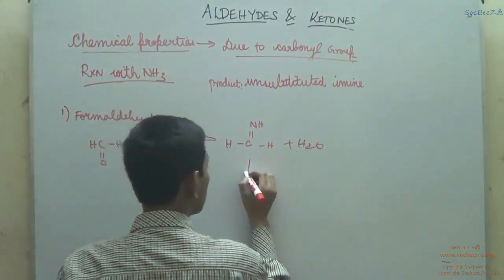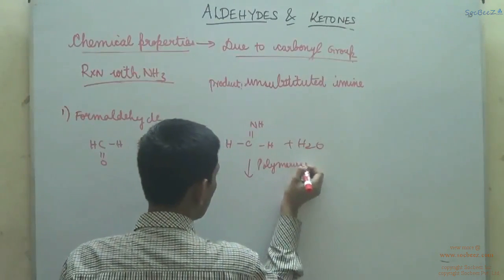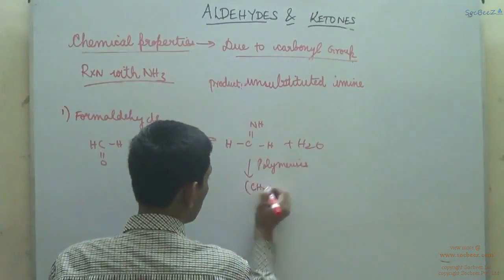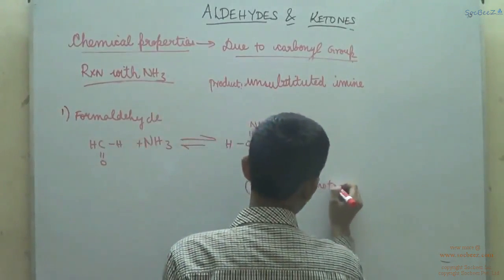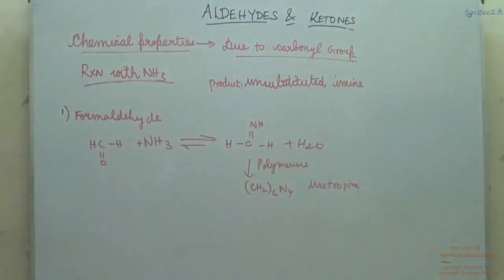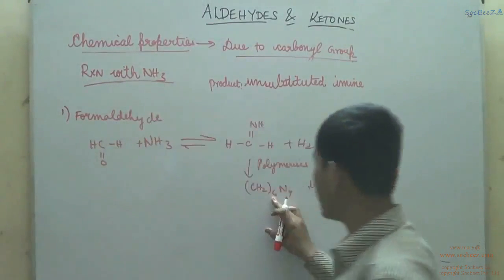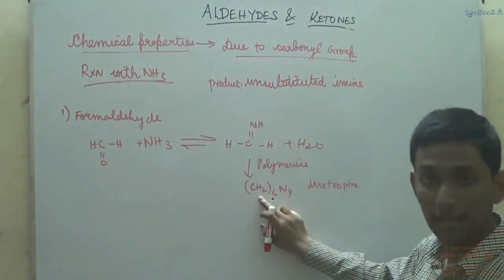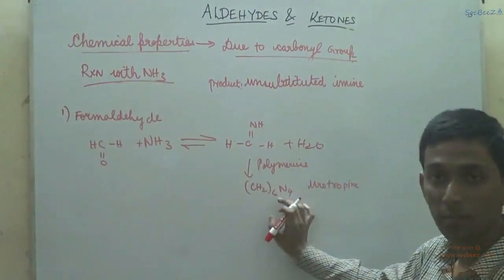Now this particular thing polymerizes to form what is called urotropin, or also called hexamethylene tetramine. Hexamethylene because of 6 methylene groups, tetramine because of 4 nitrogens.